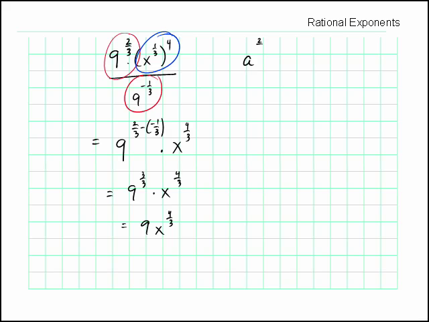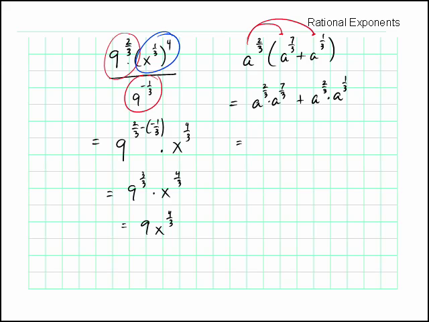A to the 2/3 times a to the 7/3 plus a to the 1/3. I'm supposed to distribute the a to the 2/3. So that times that, a to the 2/3 times a to the 7/3, plus this times this, a to the 2/3 times a to the 1/3.